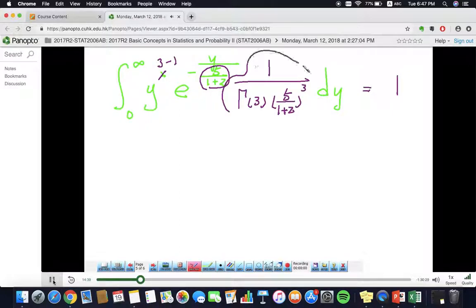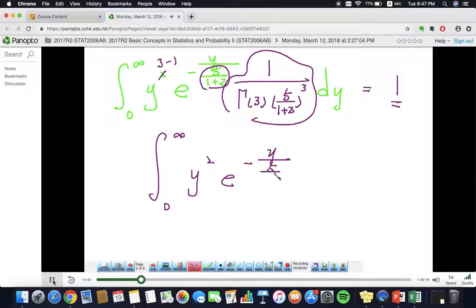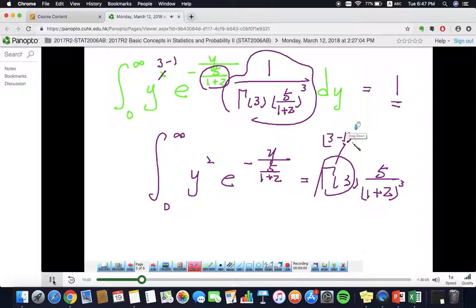So adding this term, we got 1. Or in other words, integrating from 0, y squared e to the minus y over 5 over 1 plus z is just equal to gamma 3 times 5 over 1 plus z cubed. In case you forgot what it is, it's just 3 minus 1 factorial. So this is just 2.